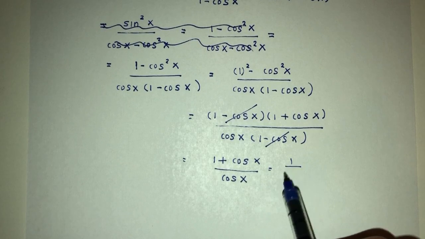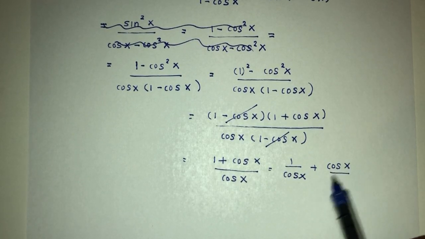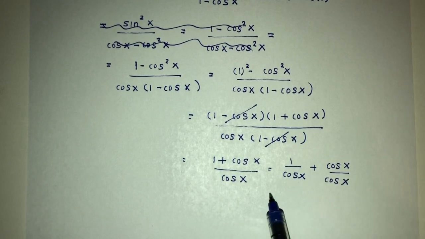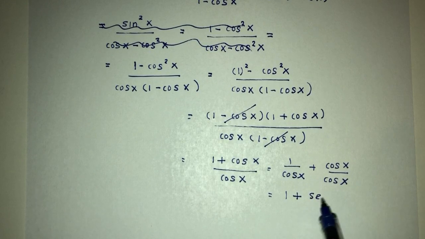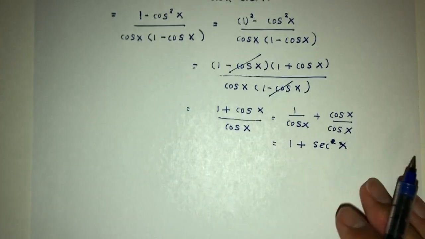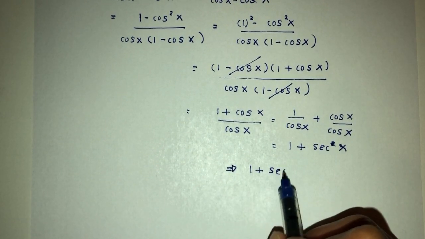That will be 1 over cos x plus cos x over cos x. That will be 1 plus sec x, sorry, not square, sec x. So your answer will be, this is shown as required, 1 plus sec x.